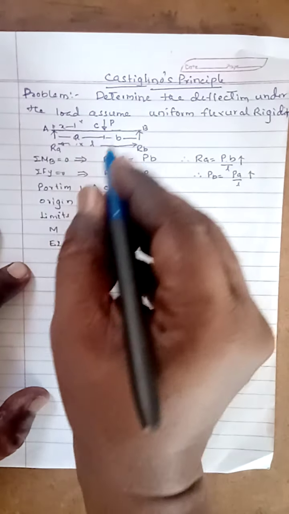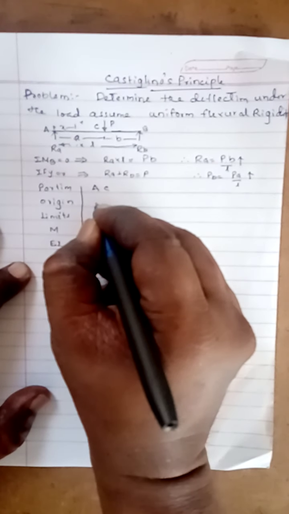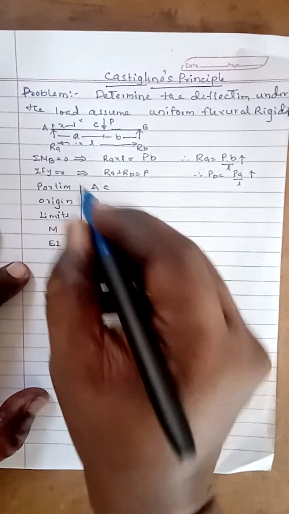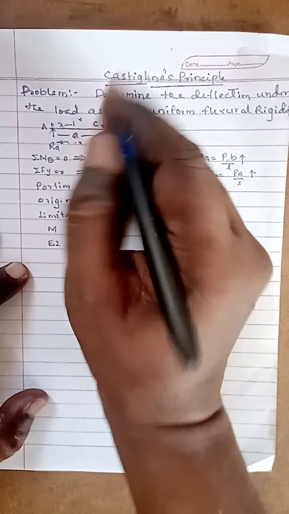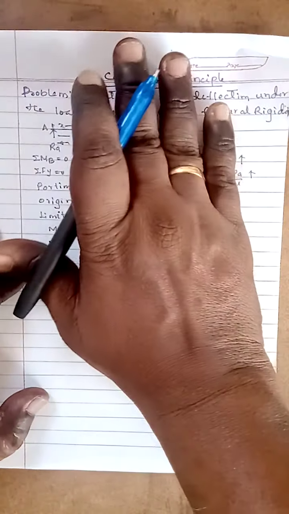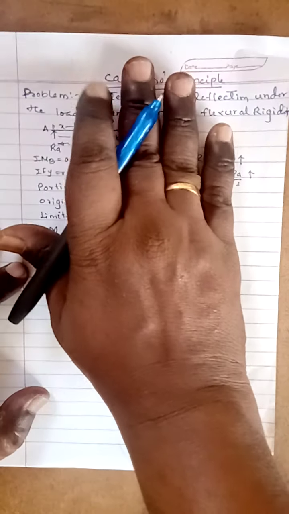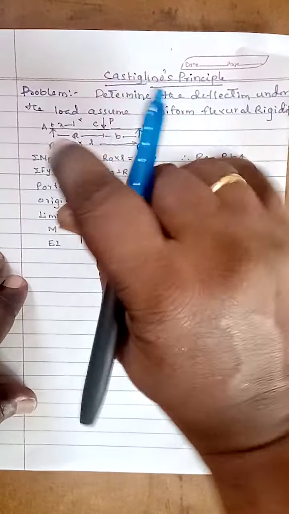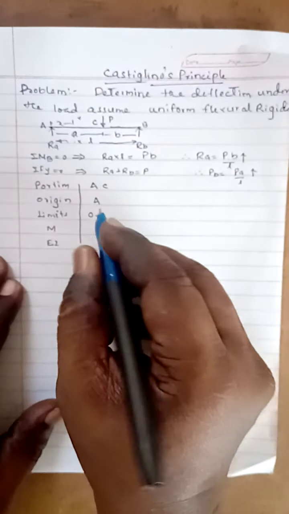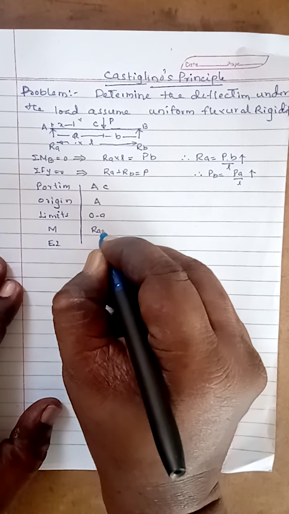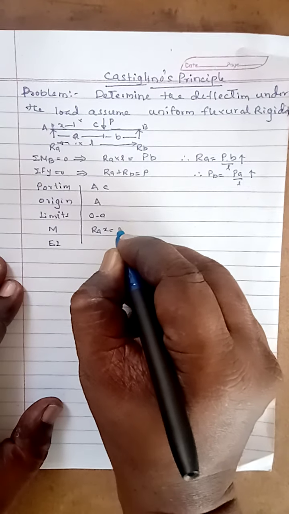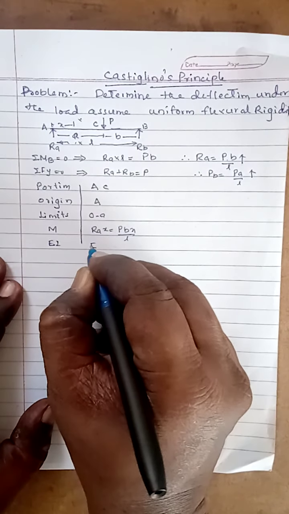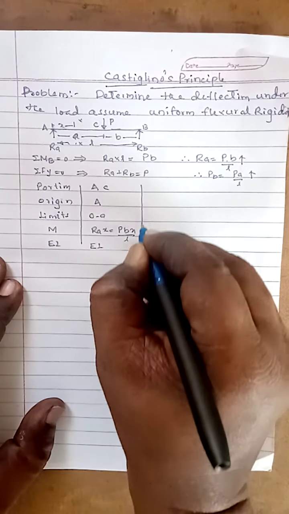X varies from 0 at A to maximum at C, hence the limits are 0 to A. Then the bending moment, if you consider only the left portion of the section line, there is only one load, that moment is sagging, RA into X, that equals PBX by L. Then the flexural rigidity is EI.